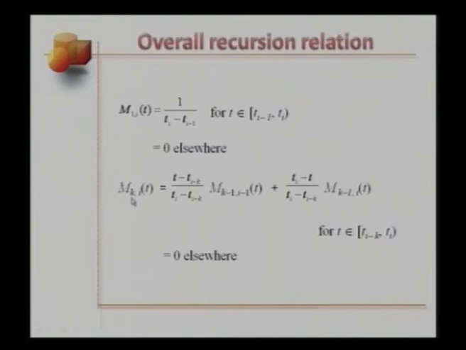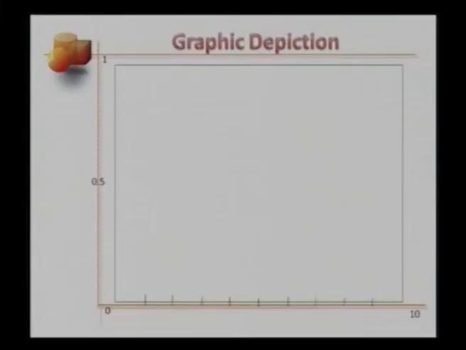Now this index k can go from 2 to any value you want. Let's look at how these individual basis functions look graphically. Let's take an example. Let's say we have the knots 0, 2, 5, 6, and 10.